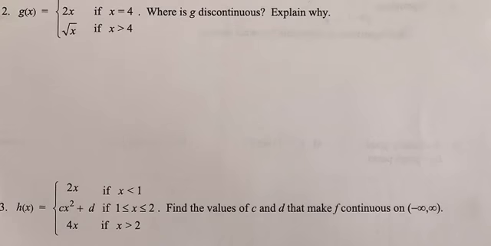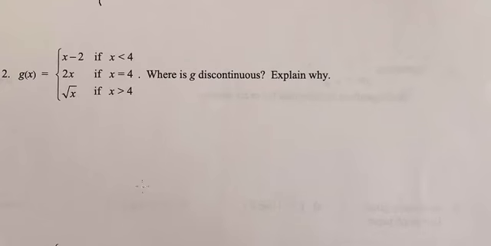Question number 2, we have the function in here. The question asks, where is g discontinuous? So if we look carefully at x equal to 4, we put 4 in here, 4 in here, and 4 in here.